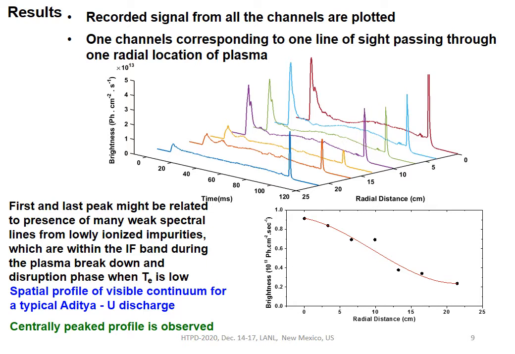Now coming to the actual result from the diagnostic which we are talking about. These are 7 signals plotted as temporal evolution, at the various spatial locations from the plasma center to the edge.